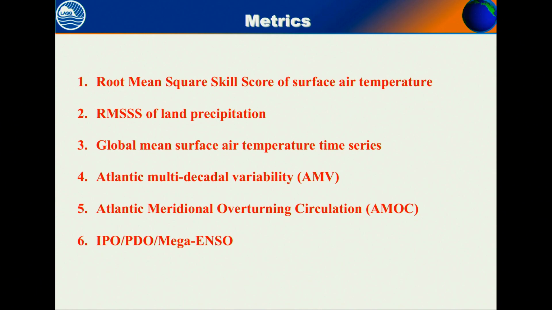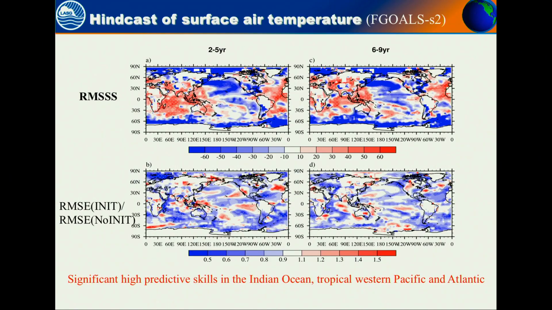The fifth is the Atlantic meridional overturning circulation. Please note here, in observation, we do not have an observed AMOC, so we used the AMOC derived from the ocean reanalysis. And we also checked the skill in the simulation of the IPO, or called PDO, or somebody called mega ENSO.